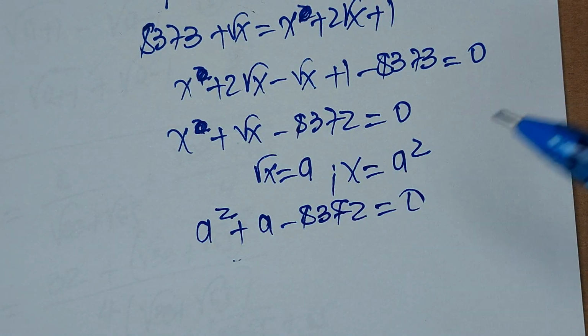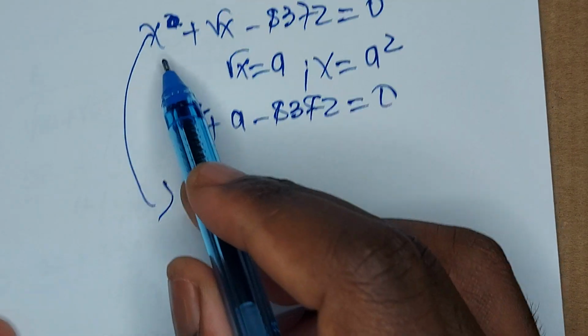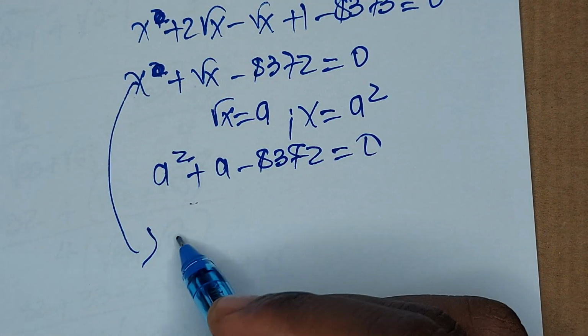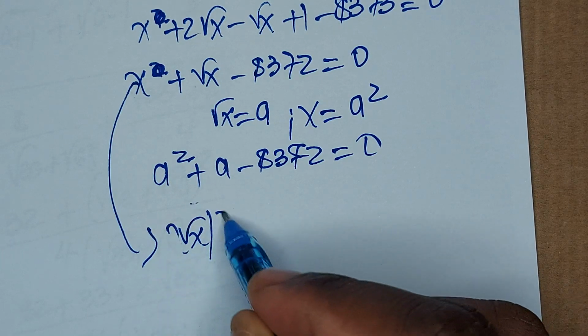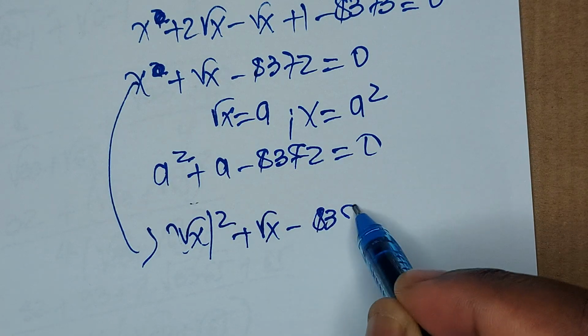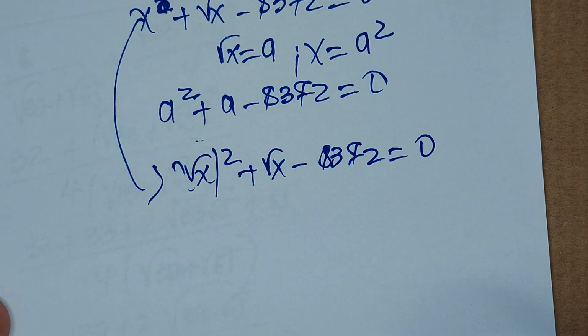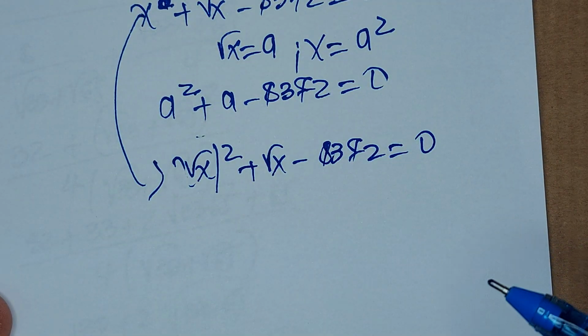But let's do something better. x here, I can write as square root of x squared plus square root of x minus 83/72. So I'm not going to need to use a substitution, and we save more time as well.